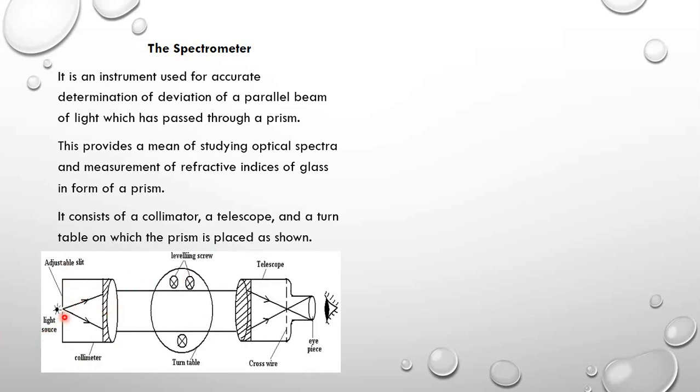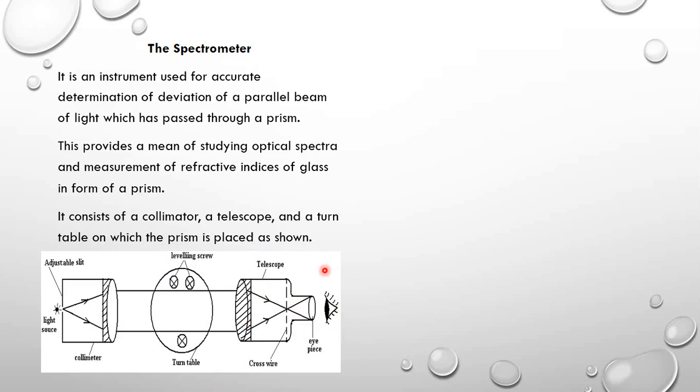It has a slit which is adjustable and also allows in light. And then we have this turntable with leveling screws which are used for leveling the turntable, and then it has also a telescope which has the objective lens, and then this eyepiece lens, and then a cross wire inside here.